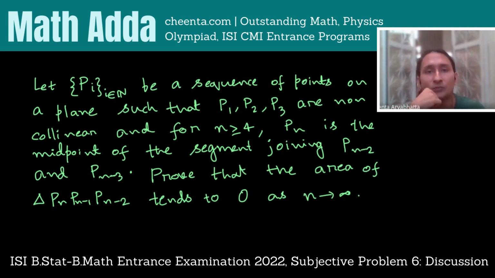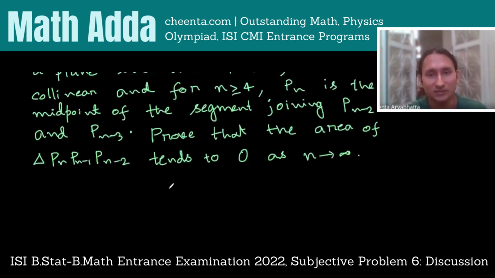And you're supposed to prove that the areas of the successive triangles, P1 P2 P3, P2 P3 P4, P3 P4 P5, these areas actually go to 0 as n tends to infinity. Now, as soon as I saw the problem, I thought, this problem is excellent for using complex numbers.